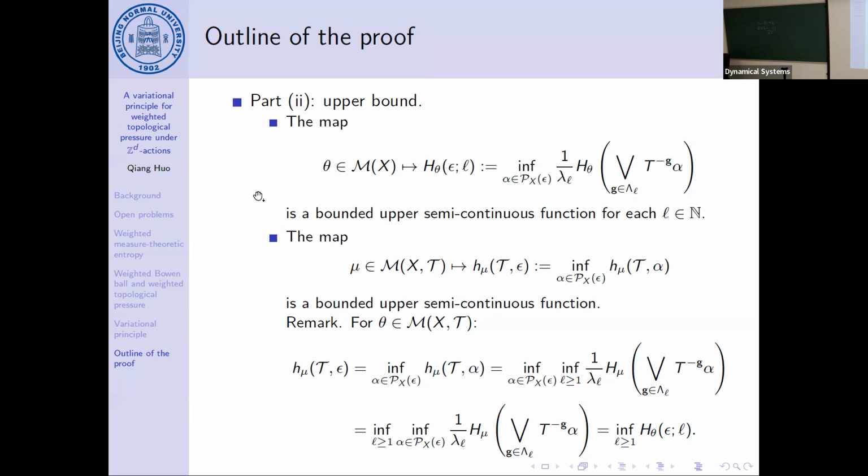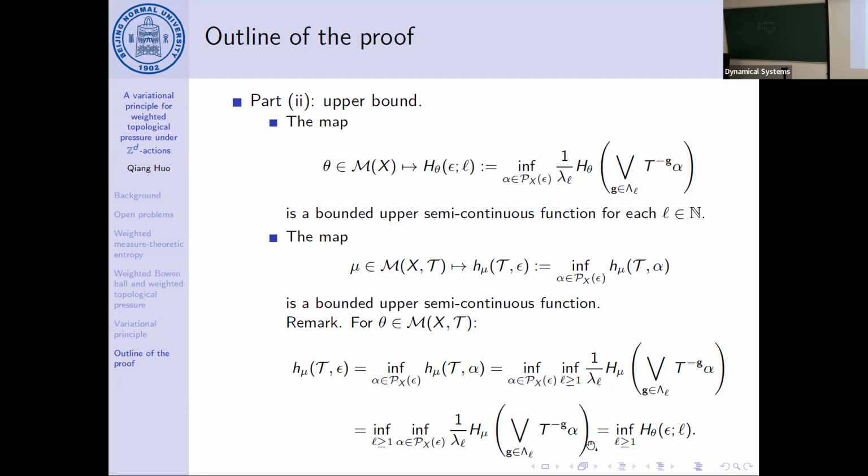Actually, these three entropy functions have the following relations. For an invariant measure theta, the first equality is directly from the definition, and the second equality is because we have used the definition of the measure-theoretic entropy, which is the limit of this quantity, and the limit exists and equals the infimum, and then we exchange the infimum.